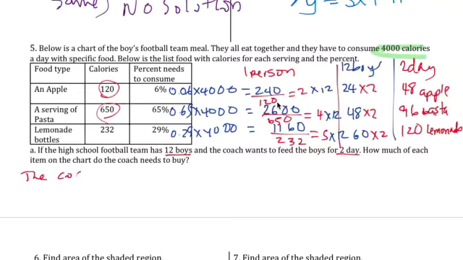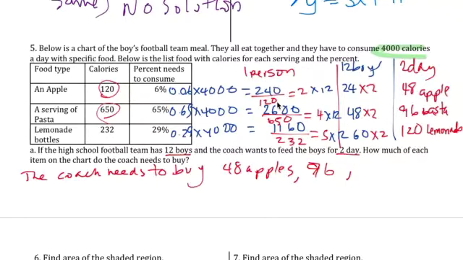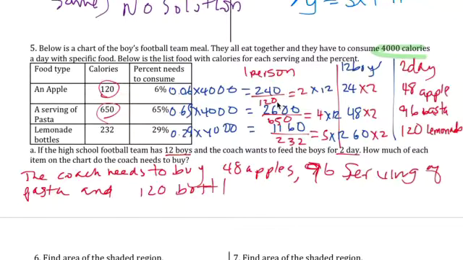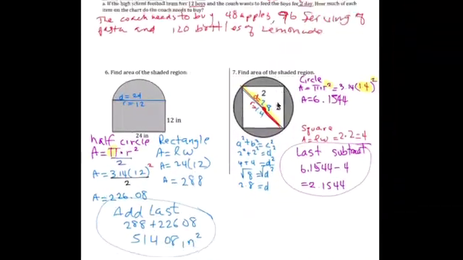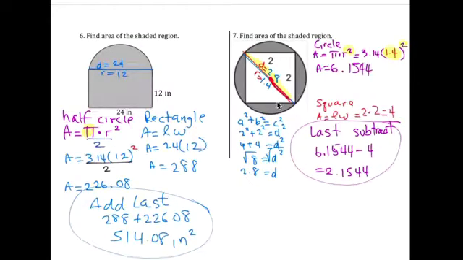The coach needs to buy 48 apples, 96 servings of pasta, and 120 bottles of lemonade. Okay, and here are the last two problems. All right, and that's it.